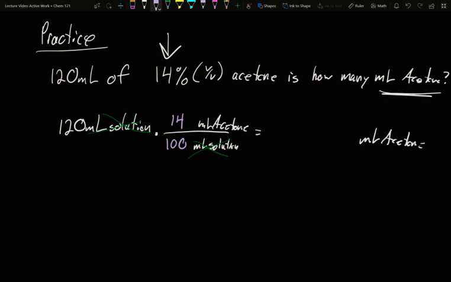So 120 times 14 divided by 100 will be 16.8 milliliters. And 2 sig figs, so this will end up rounding to about 17 milliliters. So in a 120 milliliter portion of 14% mixture, there will be just about 17 milliliters of acetone inside that container.